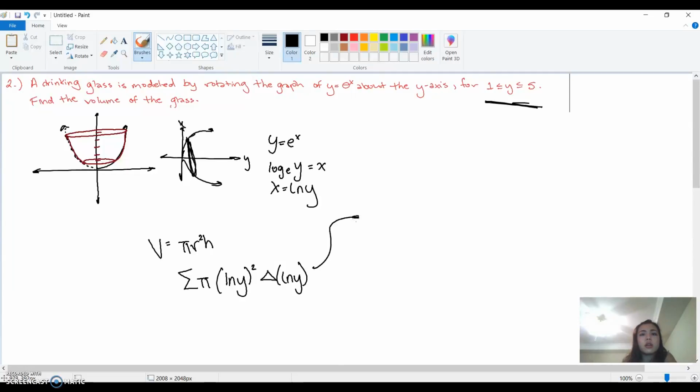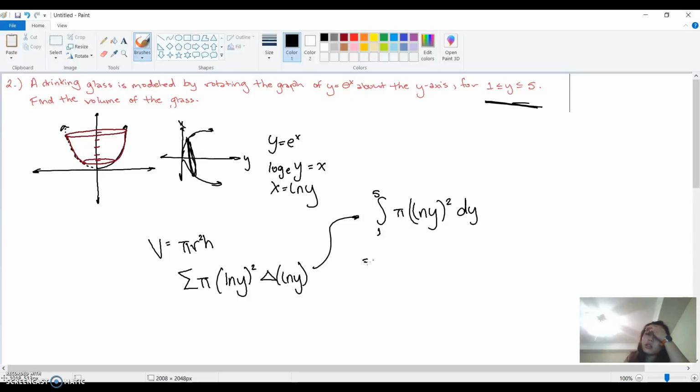If I do an infinite amount of those disks, it would just be an integral of pi (ln y) squared dy. And this is from 1 to 5 because we have that restriction.